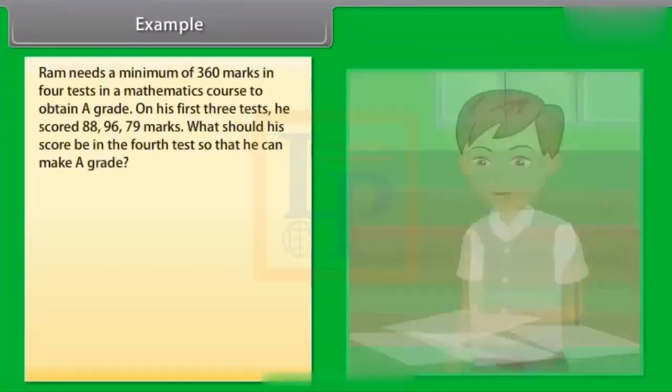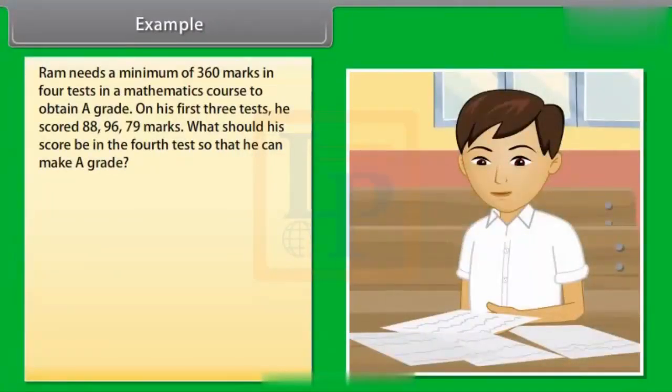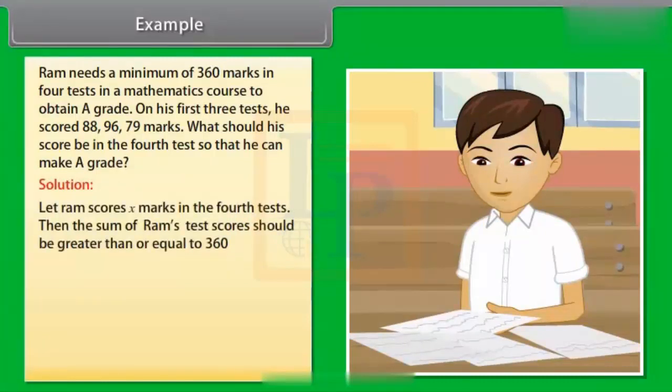Example. Ram needs a minimum of 360 marks in 4 tests in a mathematics course to obtain A grade. On his first 3 tests, he scored 88, 96, 79 marks. What should his score be in the fourth test so that he can make A grade? Solution. Let Ram scores x marks in the fourth test.